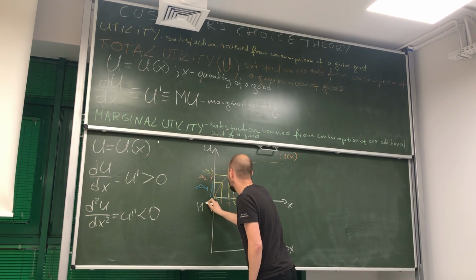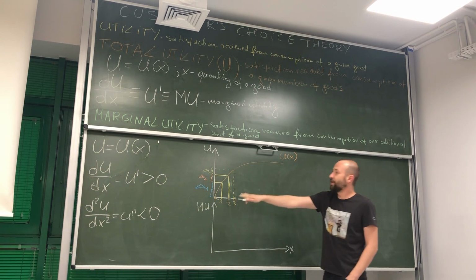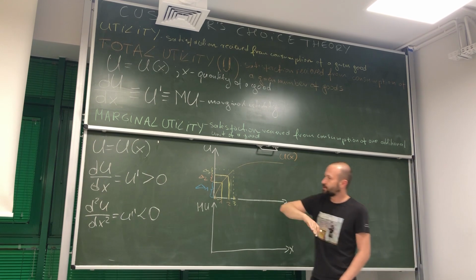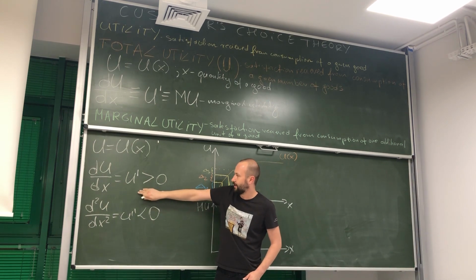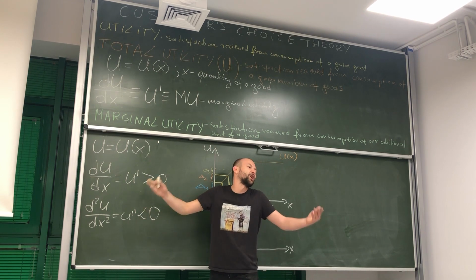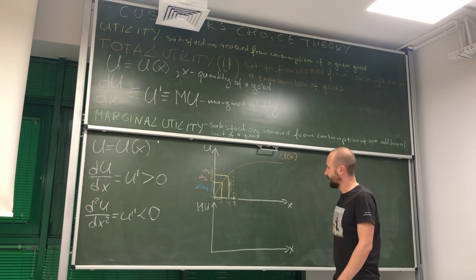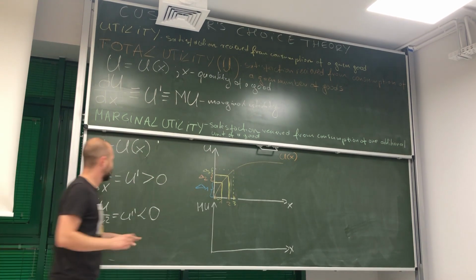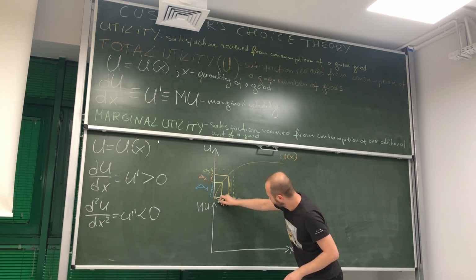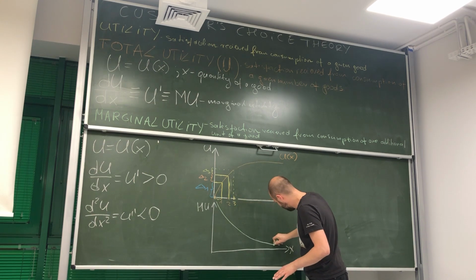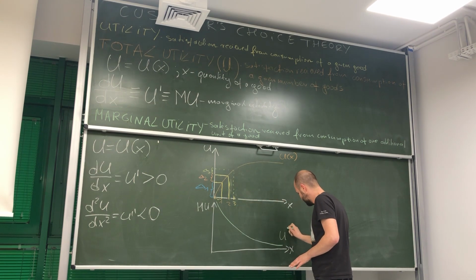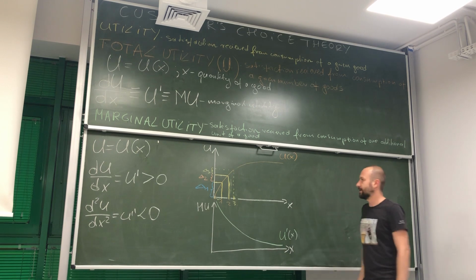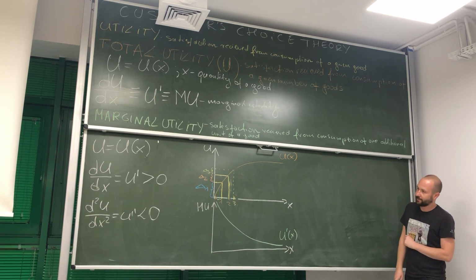Why? Well, we know that the first derivative of marginal utility, right, is negative. So it needs to be downward sloping, right? So we expect this shape to look like this. But what is the logic behind it?